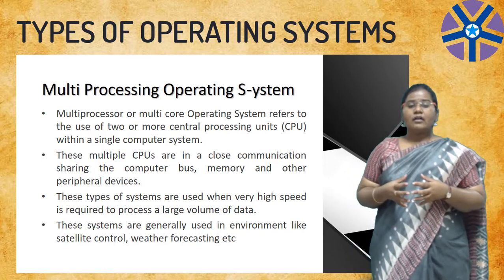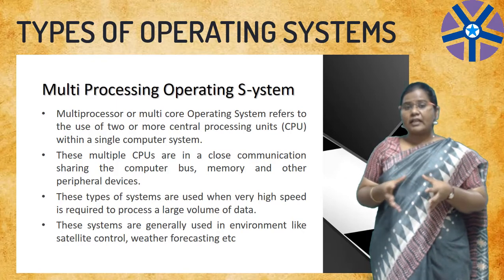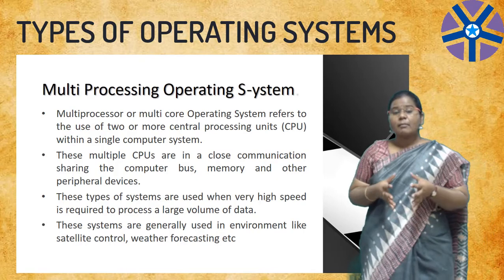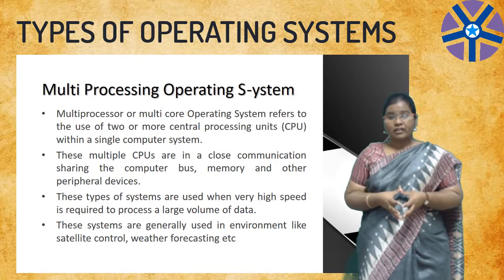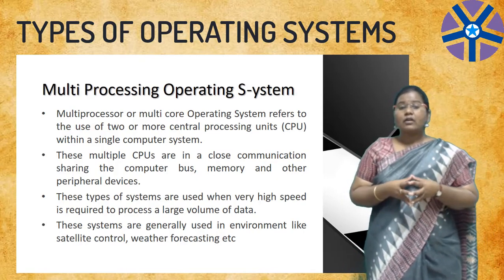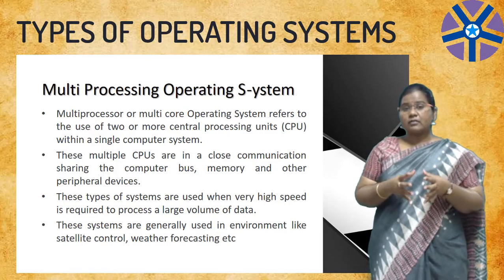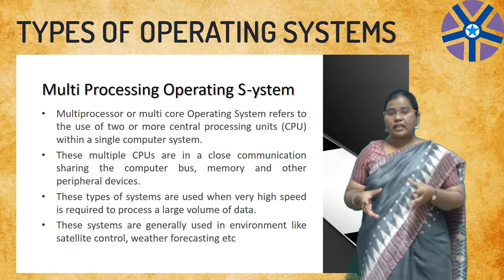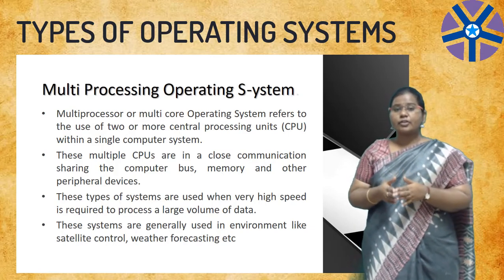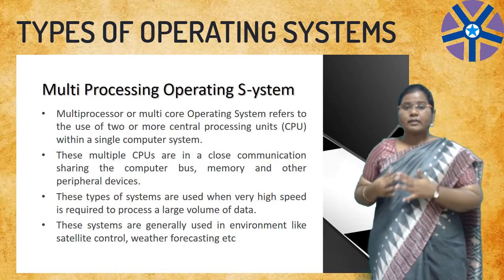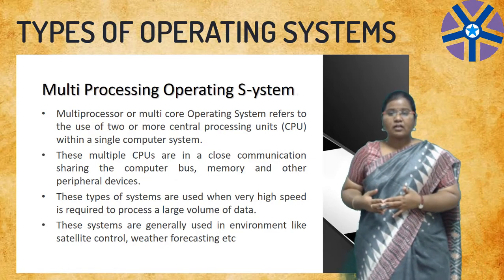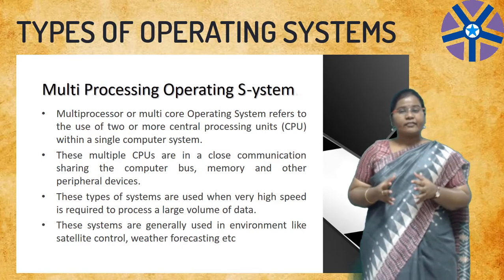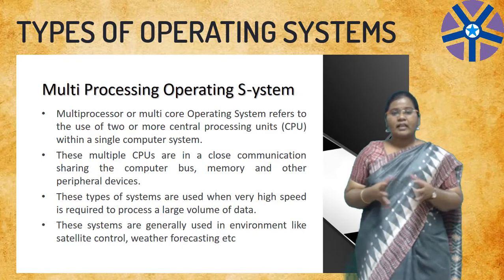And now, when there are multiple processes present in your system, they must be able to communicate with each other. We must think about which cables and buses are used to transfer the data. What are the buses that should be used for processor 1, and what are the buses that should be used for the second processor, what is the memory that should be used by each processor, and what are the peripheral devices that should be shared by each processor.